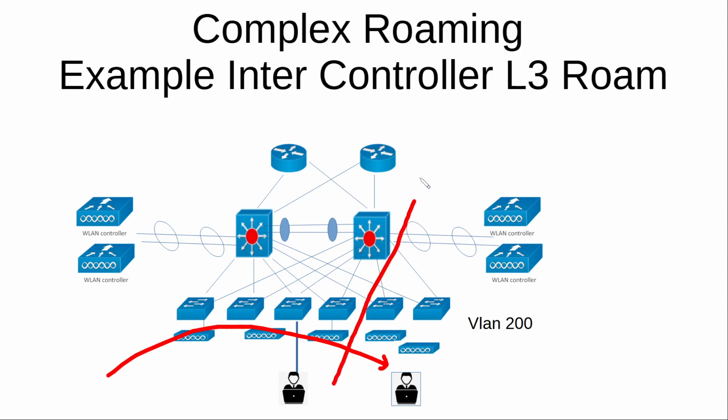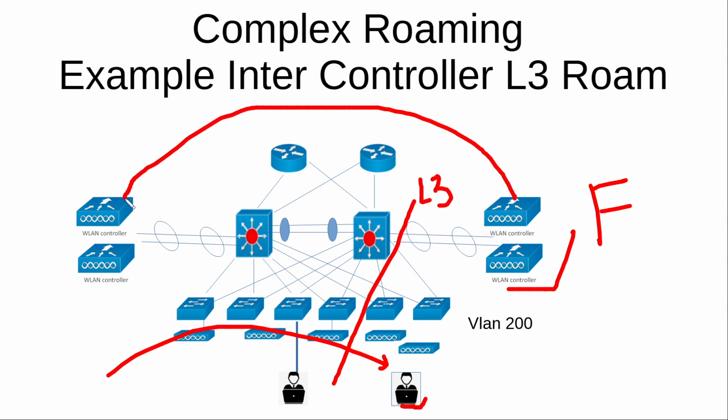It has crossed some layer 3 boundary within your network, so the new wireless LAN controller that it has associated with is no longer able to route the original IP address that this user was assigned when it connected to the network. So it has just associated with a new wireless LAN controller that we will call the foreign wireless LAN controller, and this foreign wireless LAN controller will have to set up a tunnel with the original wireless LAN controller that this user was associated with, that we will call the anchor wireless LAN controller.